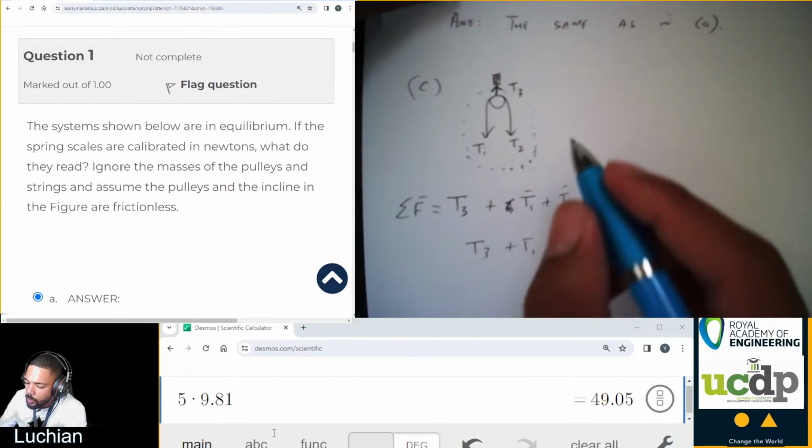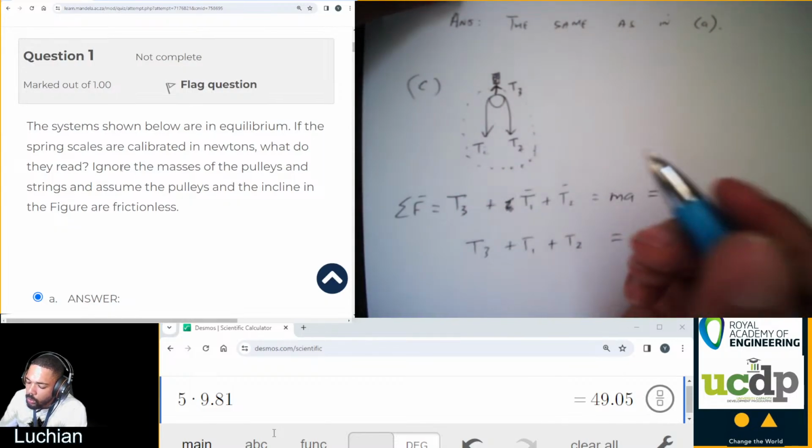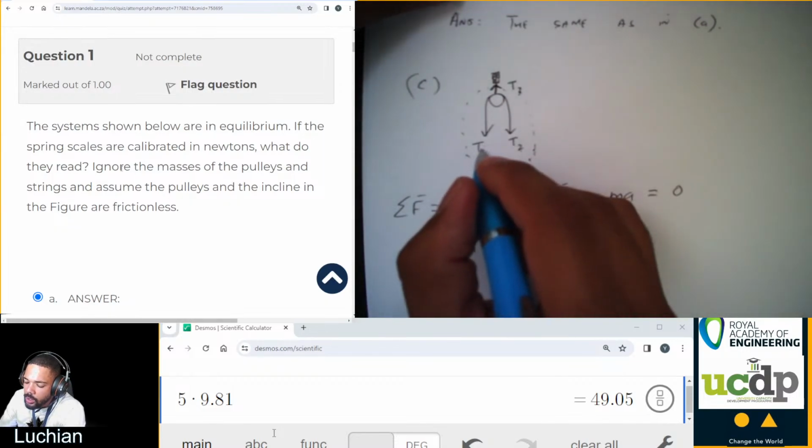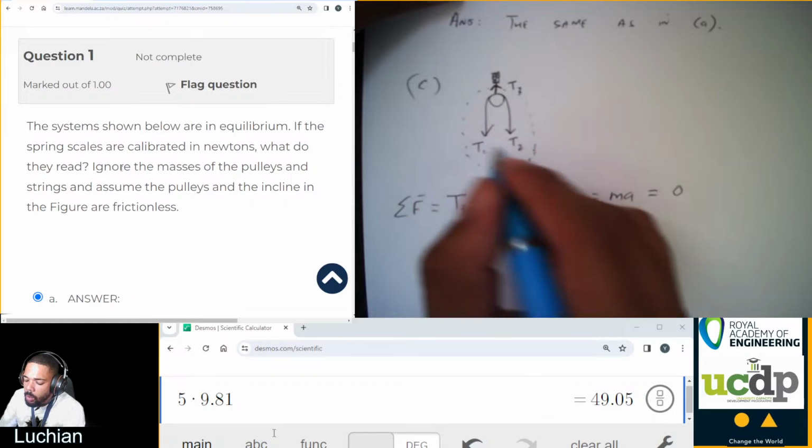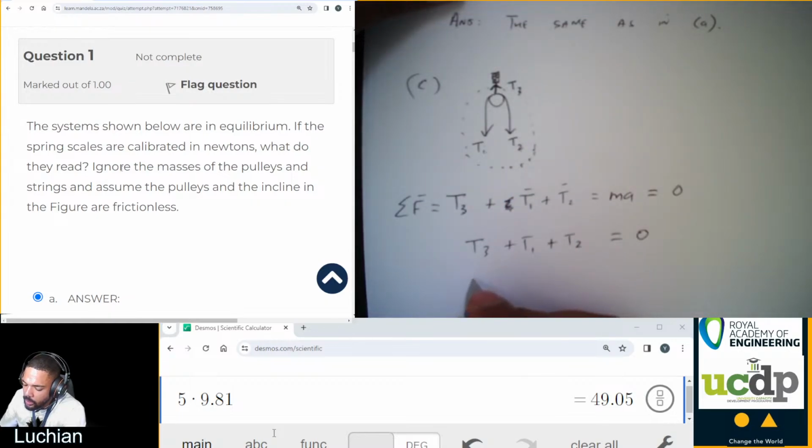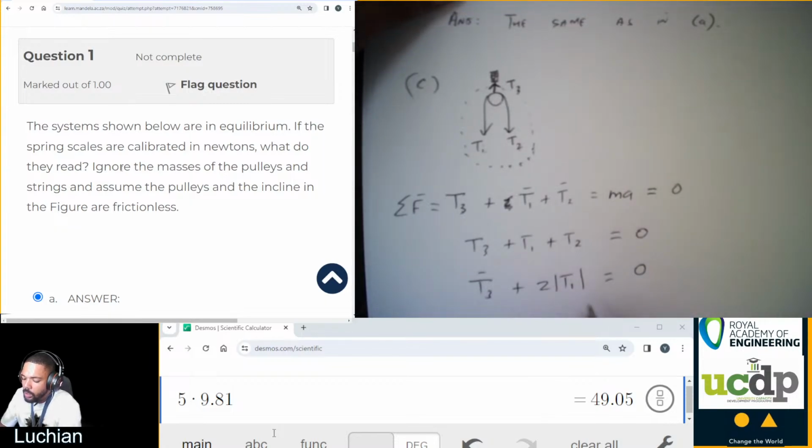Now we know that tension 1 and tension 2 are exactly the same because they have the same 5 kilogram blocks hanging on them. So we can actually say tension 3, which is what we want, plus 2 times tension 1, the magnitude of tension 1, is equal to 0. Now let's work out tension 1. What's the tension in the first block?